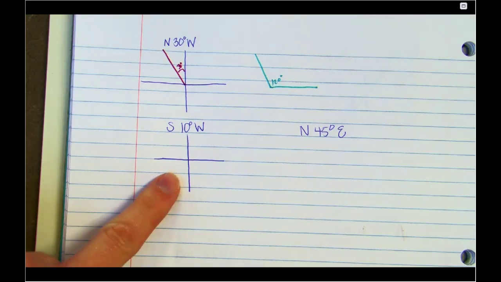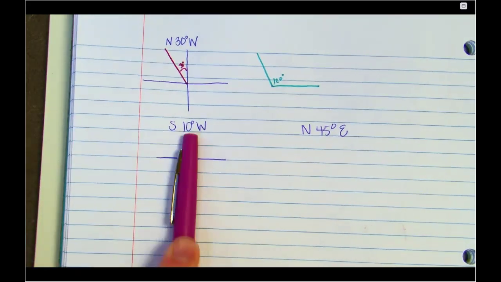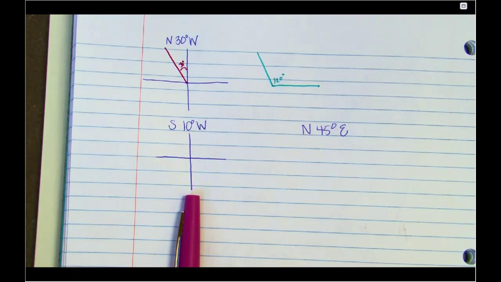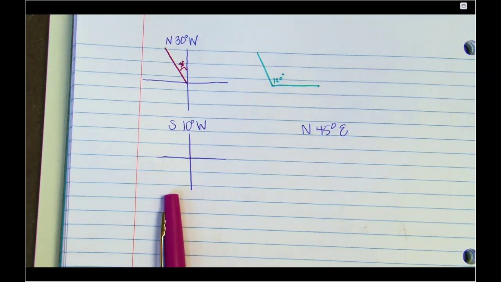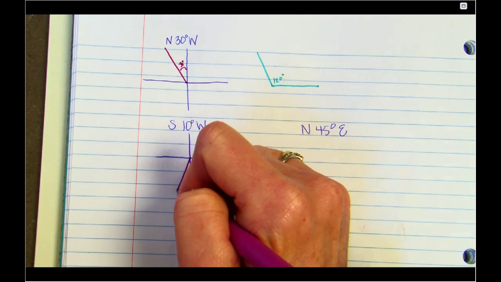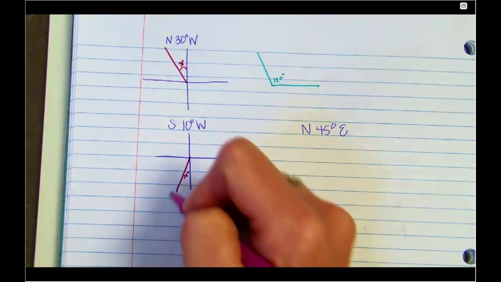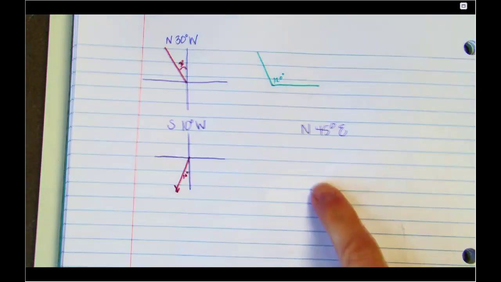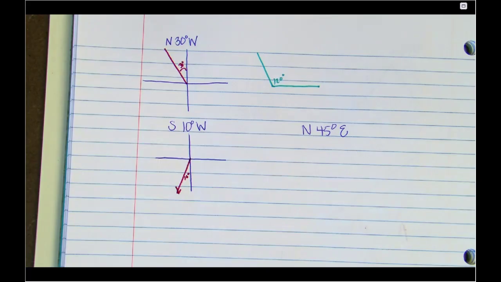Okay, so south means you're basing off the south axis down here, and you're turning 10 degrees west, so is that right or left? Left. So you're going, because that's west in that direction, so west 10 degrees. There's your angle that would be south 10 degrees west. Okay, try one more for me, please.